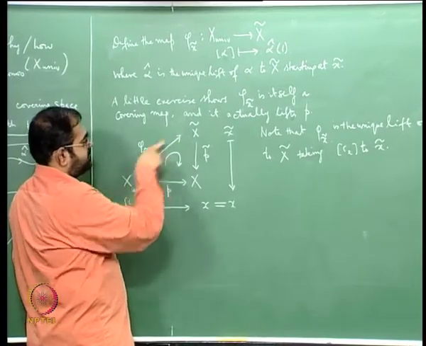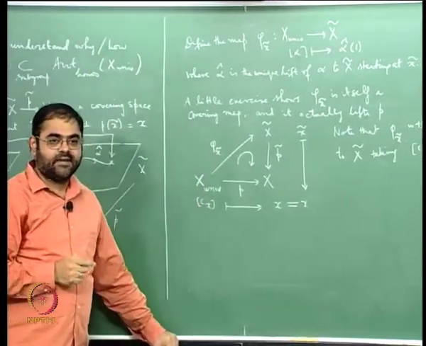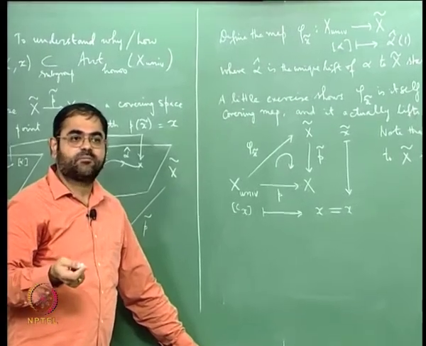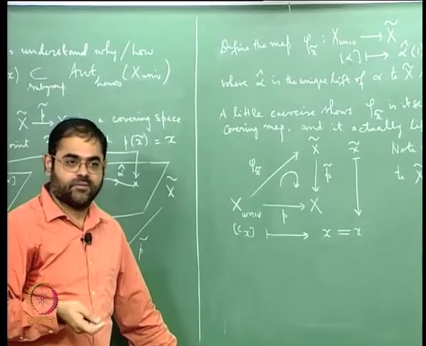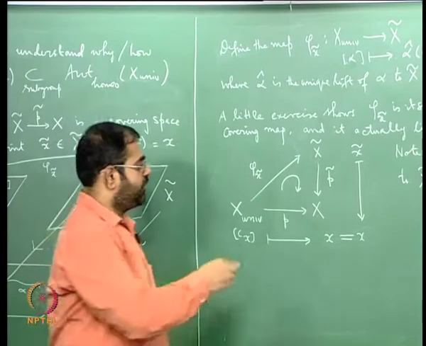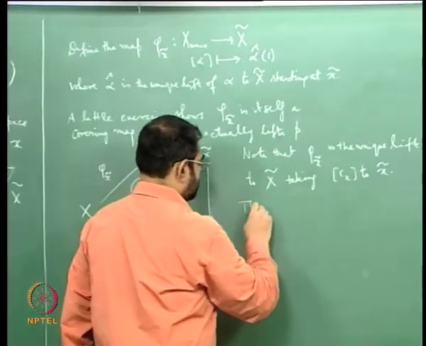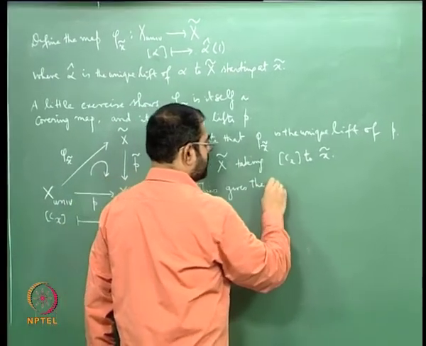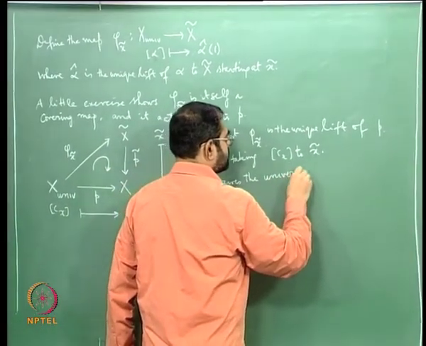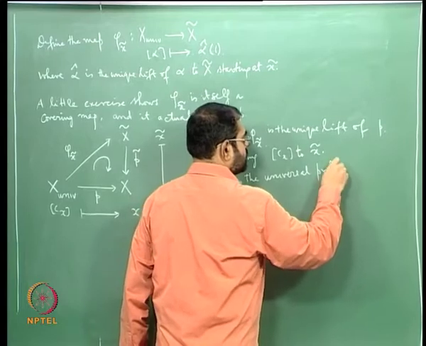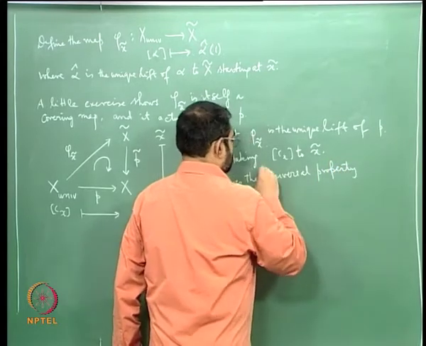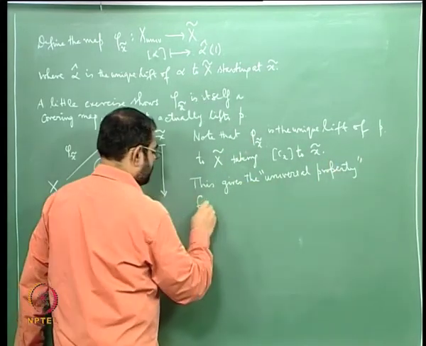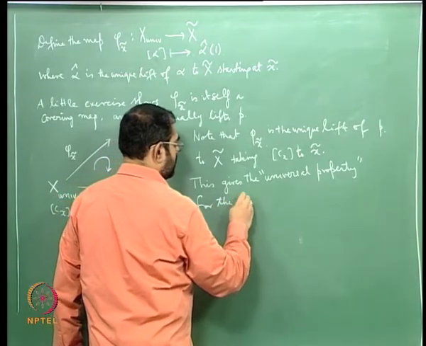This is also a covering map, okay, this is the so called universal property, that is the reason why it is called universal, okay. So this gives the universal property for the universal cover.